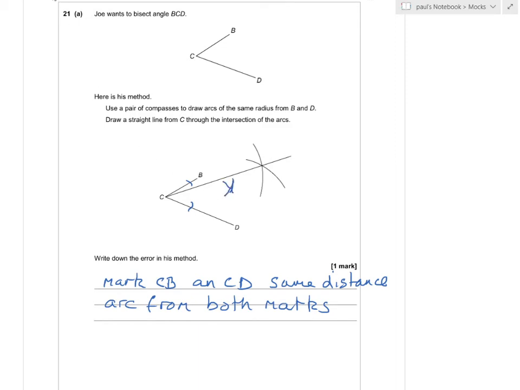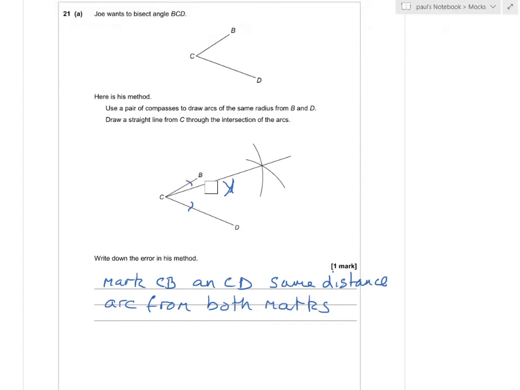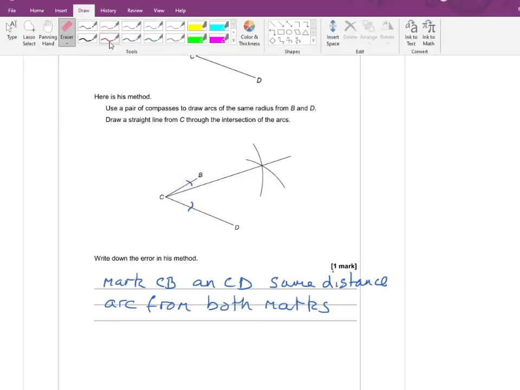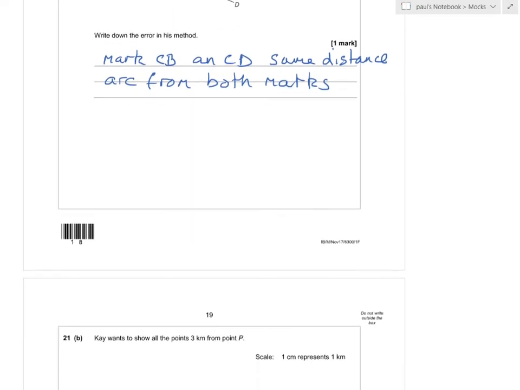I've done that a bit wonky. Trying to be clever never works. Are they the same distance? I think they are. So let's have an arc that's about that distance there, and an arc that's about that distance there. Something like that. And then you can split them up. Don't forget, subscribe.